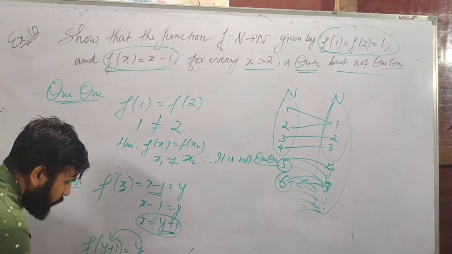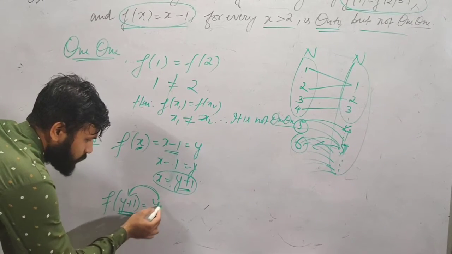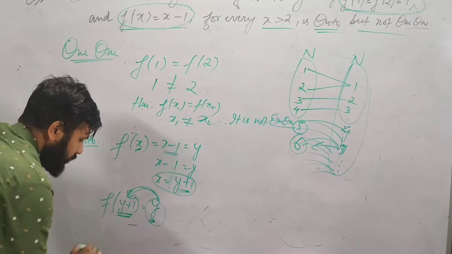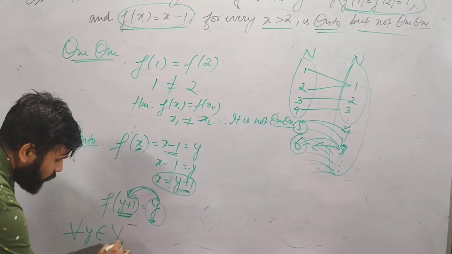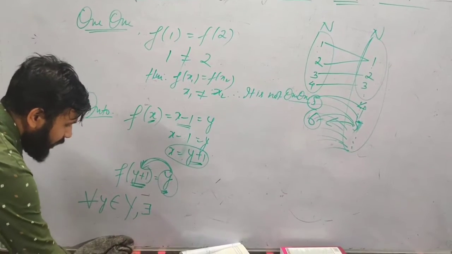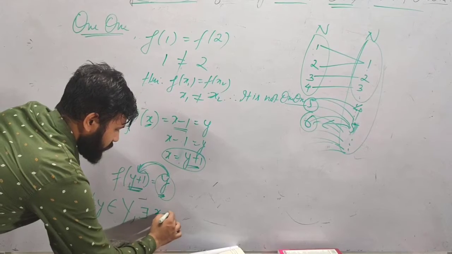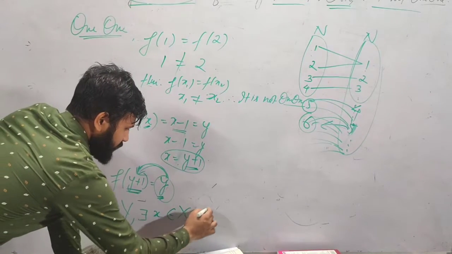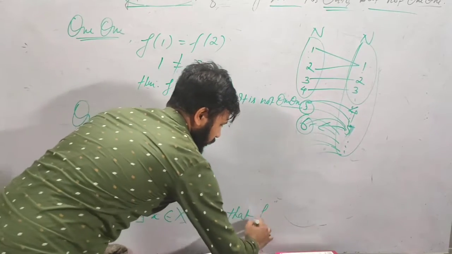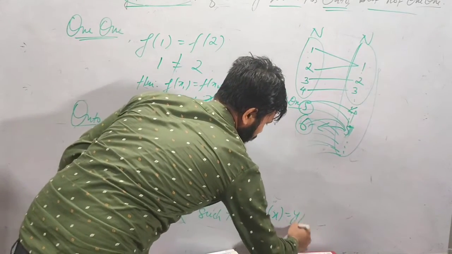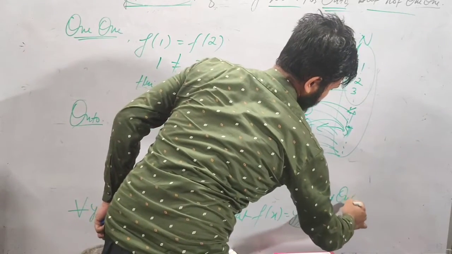Because the function of y plus 1 is y, that means for all y there exists some pre-image. So we can write: for all y belonging to the codomain, there exists some element in the domain such that f(x) equals y.